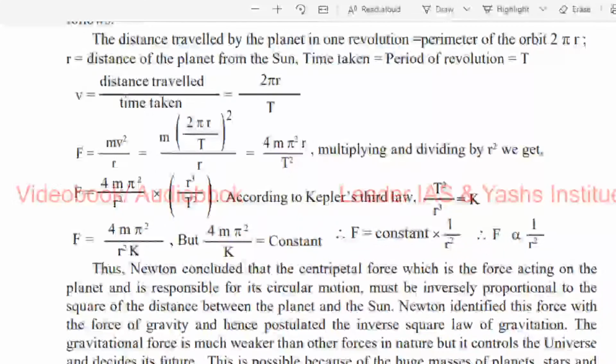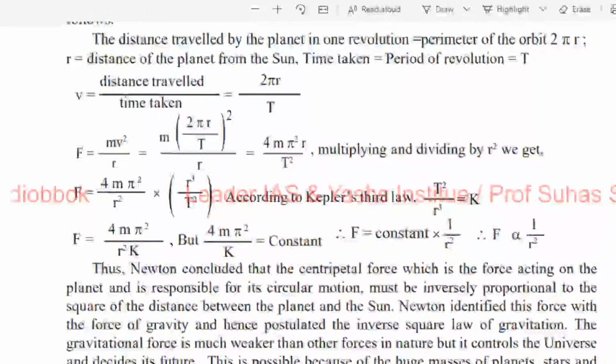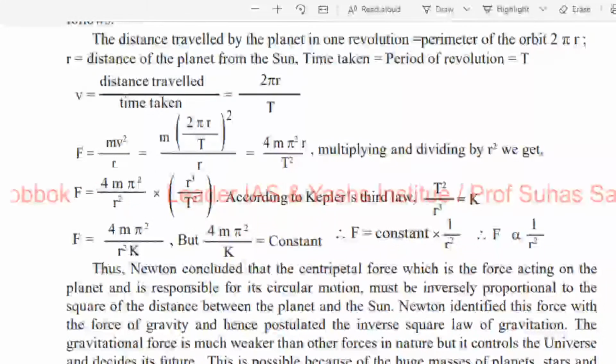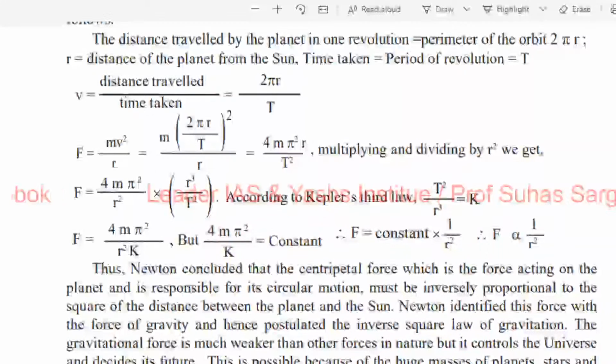Now, multiplying and dividing by r square, we get capital F is equal to 4m pi square upon r square into, in a bracket, r cube upon T square, bracket close. See in the picture, these are the equations.